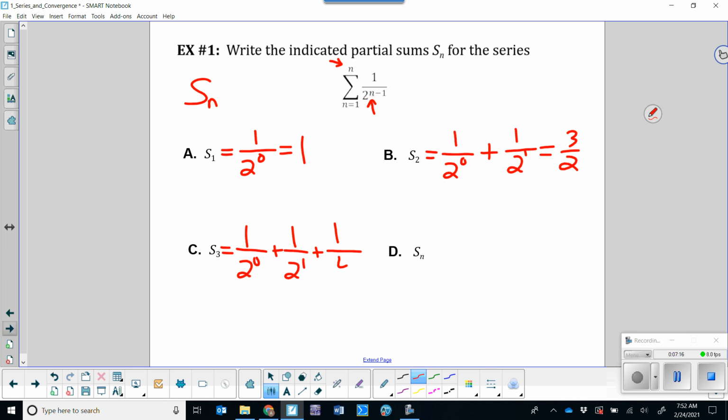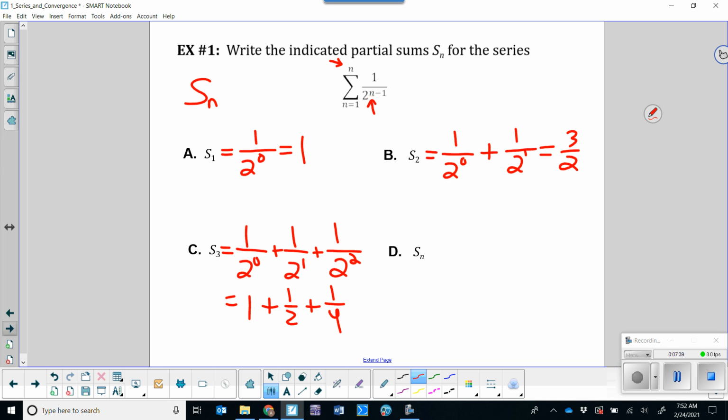So basically you're getting 1 plus 1/2 plus 1/4. Now notice that if we do it that way, we kind of see the pattern, right? We would know that the next term, if we added another term, would be 1/8 and then 1/16.